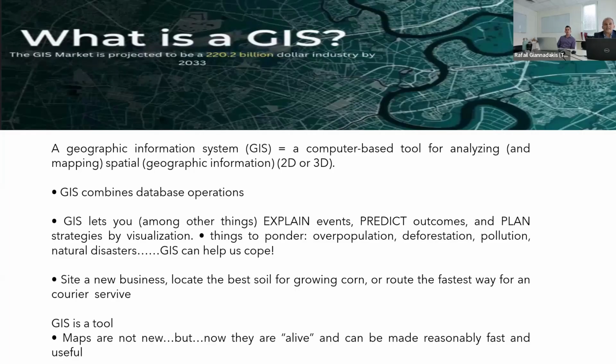Do you have any experience with database applications? Databases are the base of a GIS system. Really, a GIS system is a database that combines a map with tables of attributes, with different kinds of information that is interesting for us.